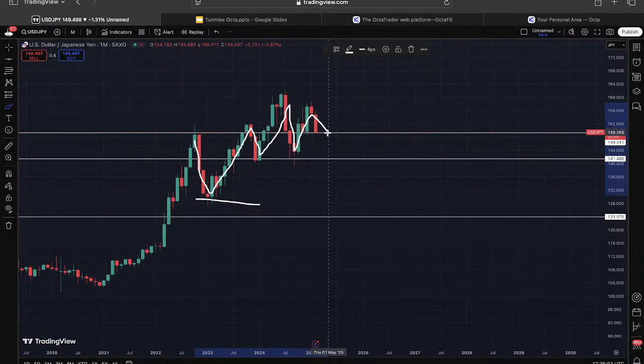So what are we expecting that price will do from this level?